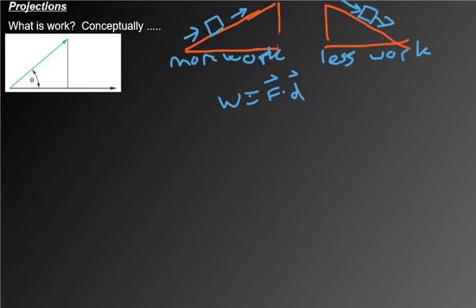In this picture, I'm going to call this my force vector, I'm going to call this whole thing down here lowercase d, and I am going to call this vector here V for no good reason.